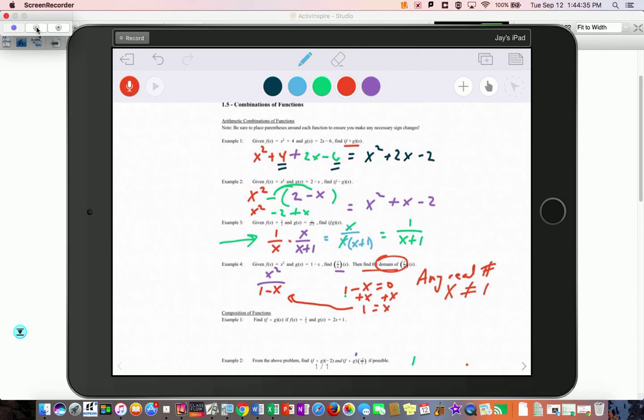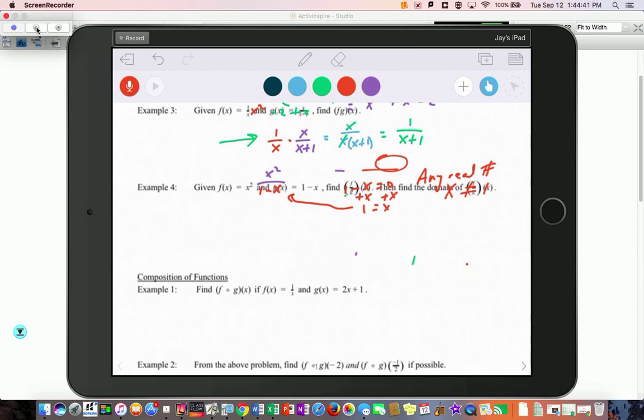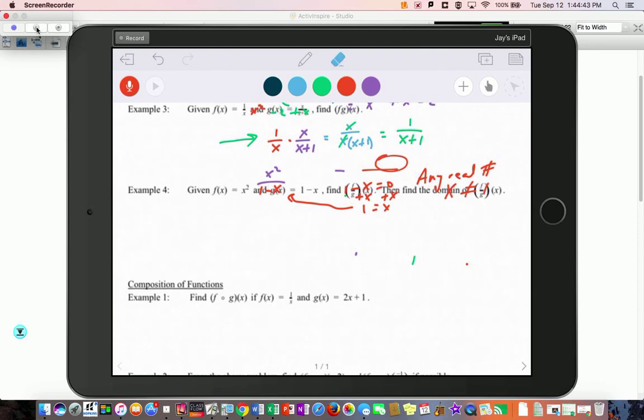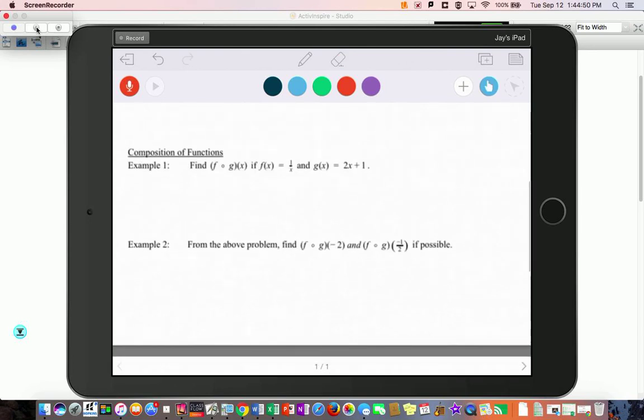Next is composition of functions. And what we're looking at with the composition is a little bit of notation. This open circle right here means to take your function g and put it into f.